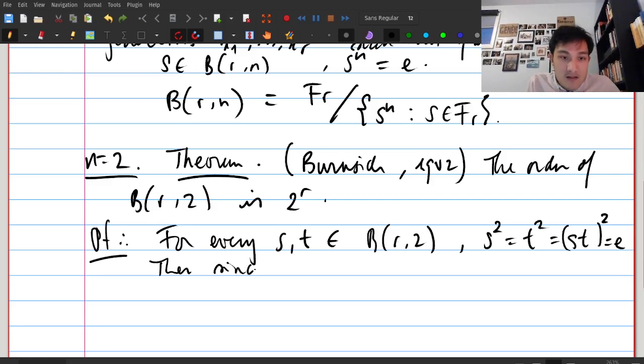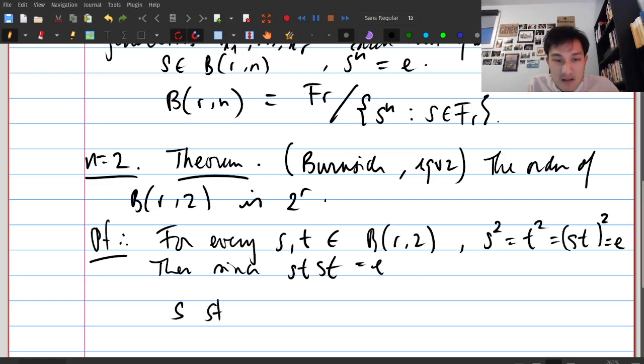Then, since (ST) squared equals E, we can multiply on the left by S and on the right by T. On the right you get ST, but of course S squared is equal to E, so we cancel out this S squared, and we cancel out the T squared as well. Sorry, that's really messy. And you get TS equals ST.